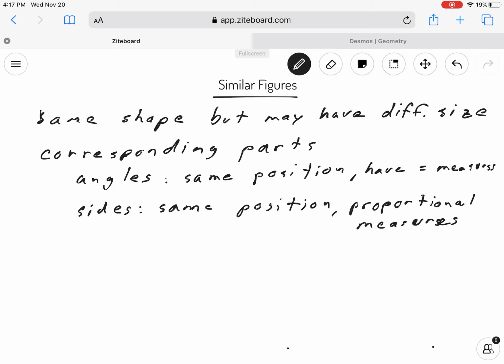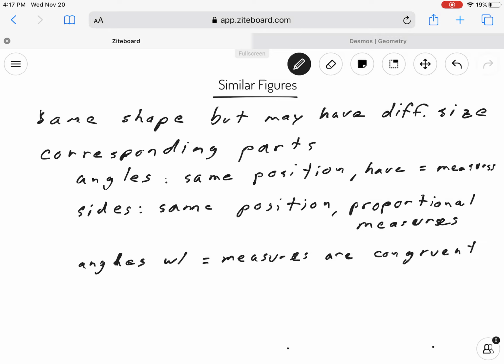Now angles with equal measures are congruent.